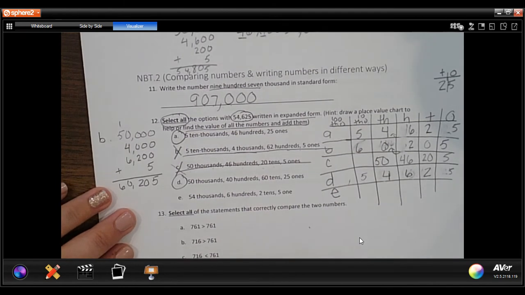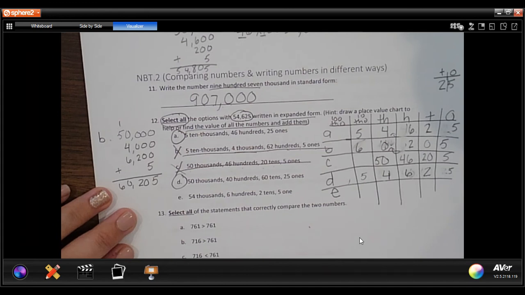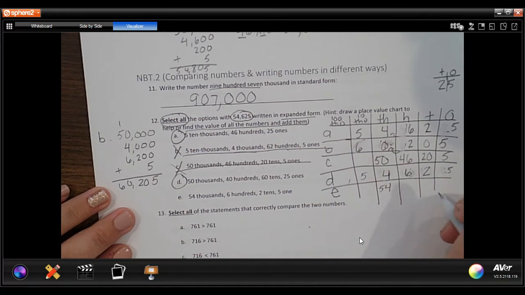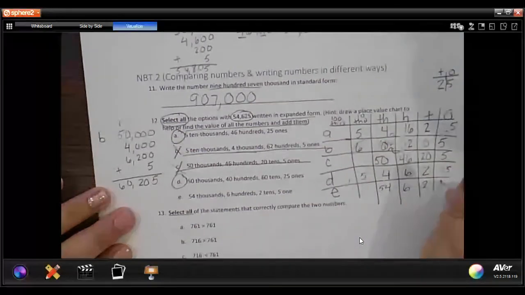All right, last one. This one's probably one of the most difficult or longest problems to solve. Last one is E, 54 thousands. So I'll put 54 in the thousands place, 6 hundreds, 2 tens, 5 ones.